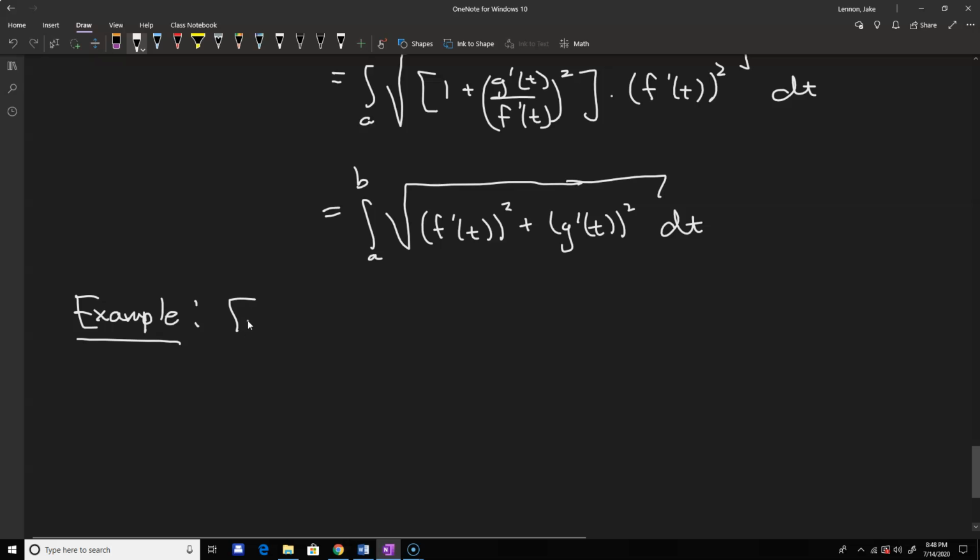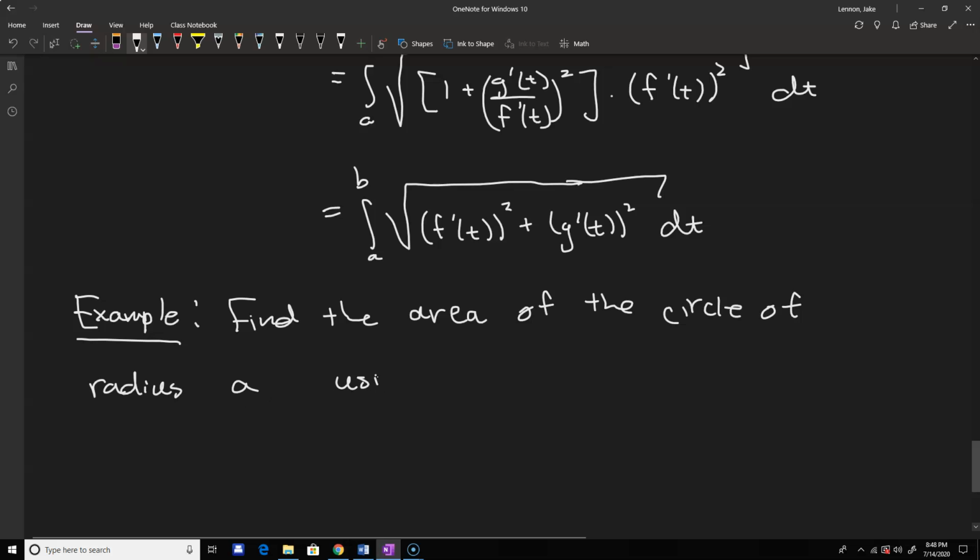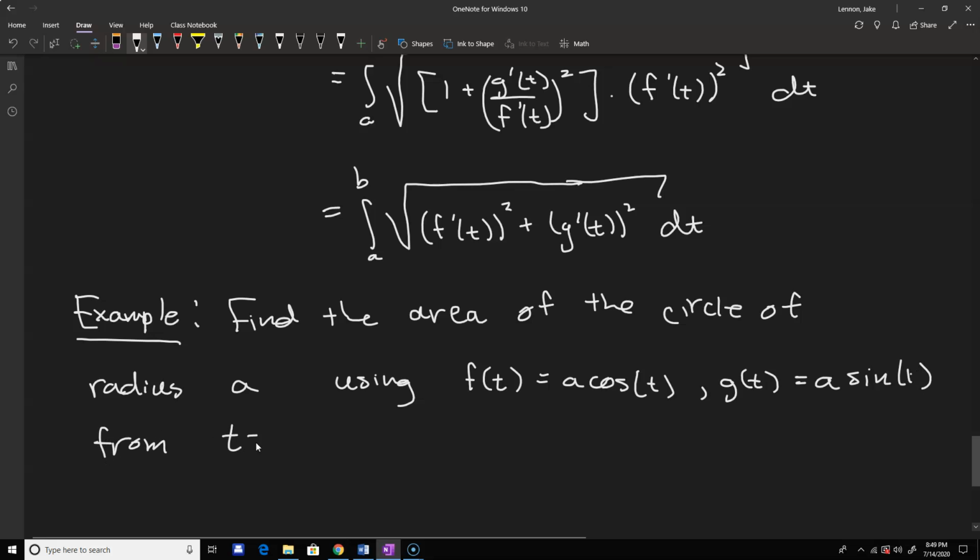So let's find the arc length of the circle of radius lowercase a using f of t equals a cosine of t and g of t equals a sine of t from t equals 0 to t equals 2 pi.